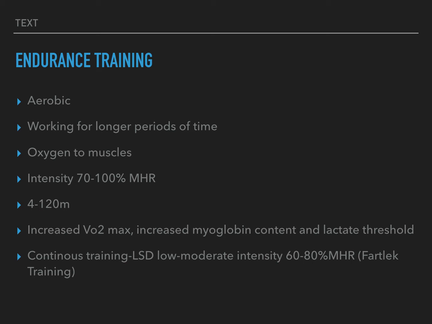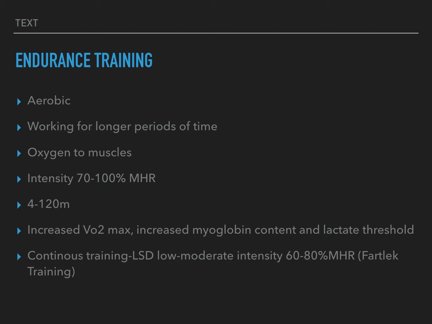It means you can endure this pain, if you like, if that's the right word. You can endure this lactic acid build-up for a longer period of time, meaning you can then work more efficiently for longer periods of time, as well as train for a bit longer, which only leads to more gains.